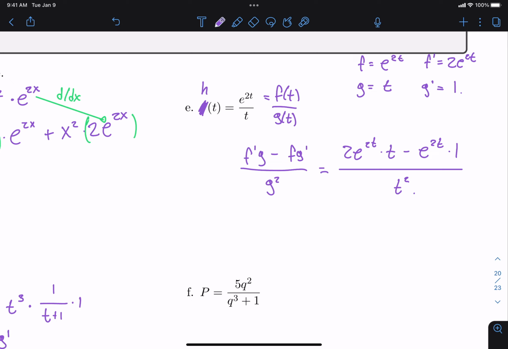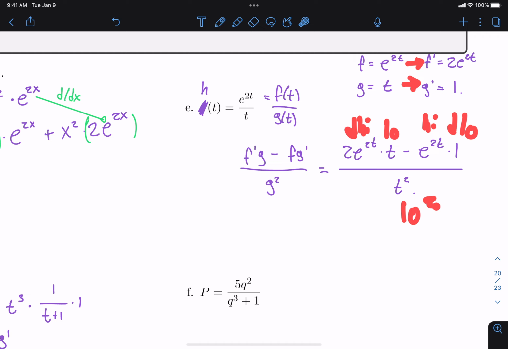So I know I did that quickly, so let me go back and show you where all this came from. So first of all, identifying what is the top and what is the bottom. And then I identified what is the derivative of the top, what is the derivative of the bottom. And then I did low d high minus high d low over low squared, where low is g and high is f.